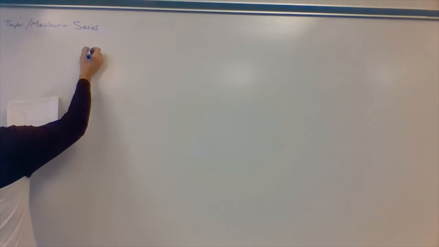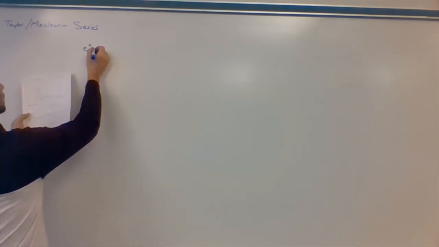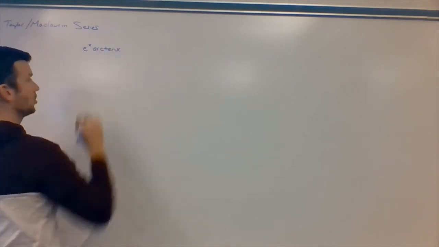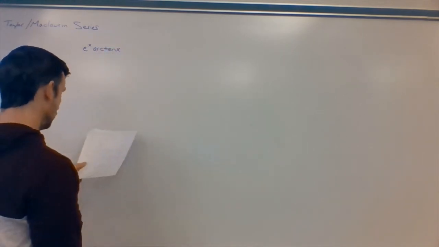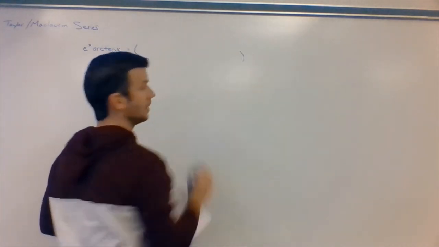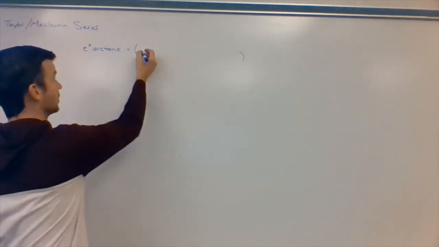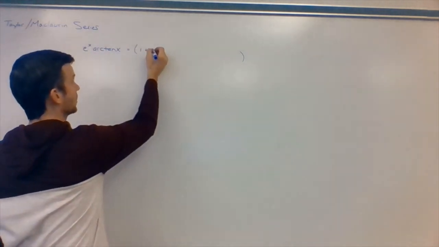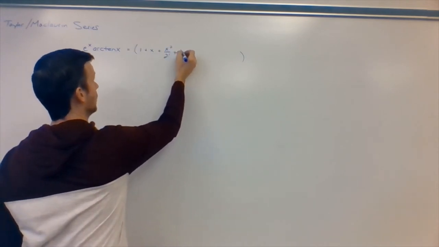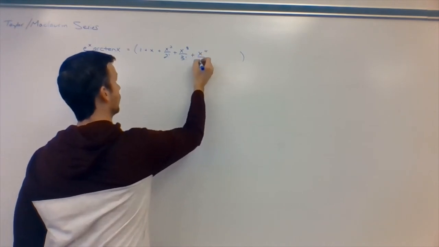Okay, we're supposed to find something for e to the x times the arctangent of x. That's the function we want to represent. So that is going to equal our e to the x function, expanded. E to the x is 1 plus x plus x squared over 2 factorial plus x to the 3rd over 3 factorial, x to the 4th over 4 factorial.